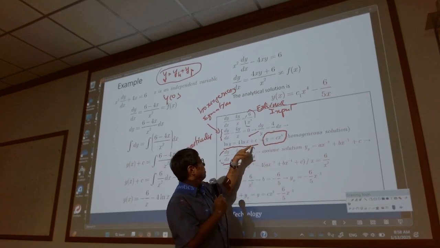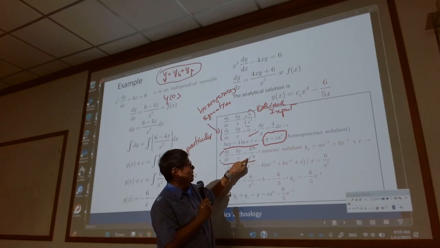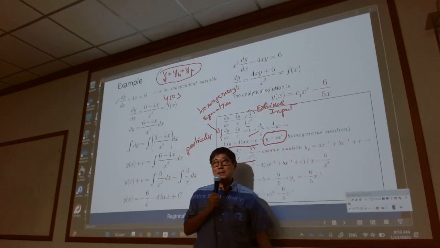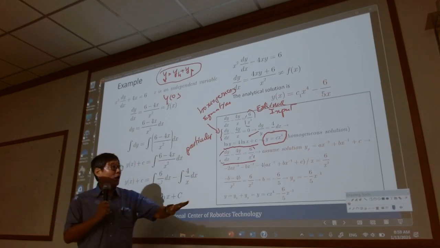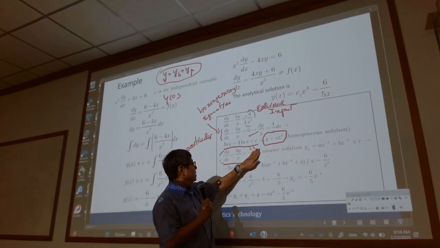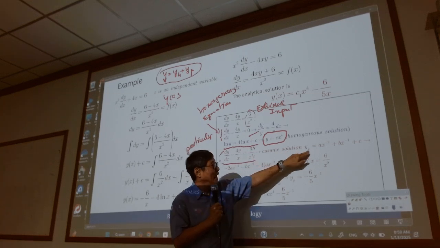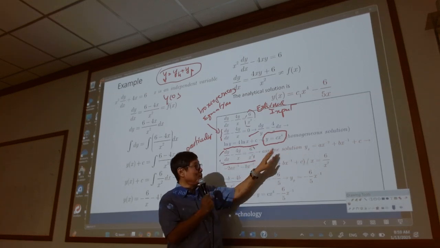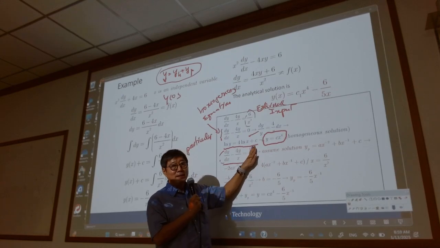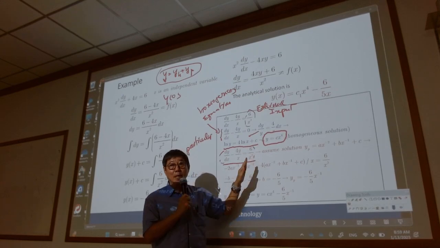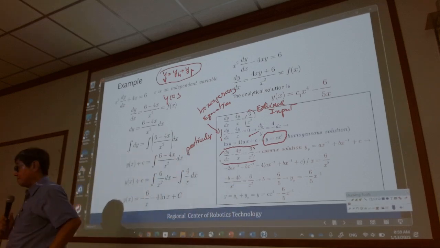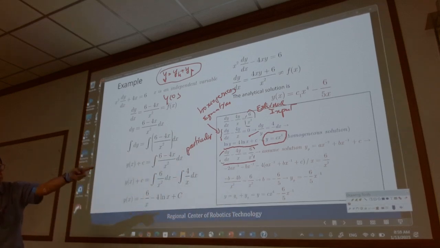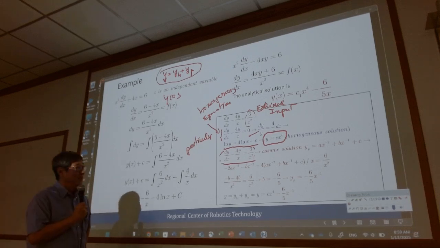Look at this one, it is based on x squared, so I just do this. Normally the form is similar. Actually, we can assume this based on this term, based on the forcing function. So I assume that form.